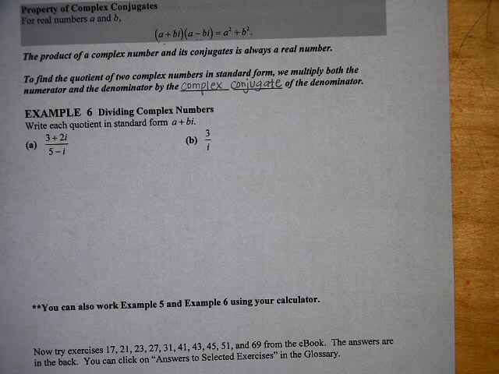As we look at example 6 and talk about dividing complex numbers, the first thing you're going to do is look at the denominator, and multiply the numerator and the denominator by the conjugate of the denominator. And when you simplify, you will no longer have an imaginary part in the denominator.